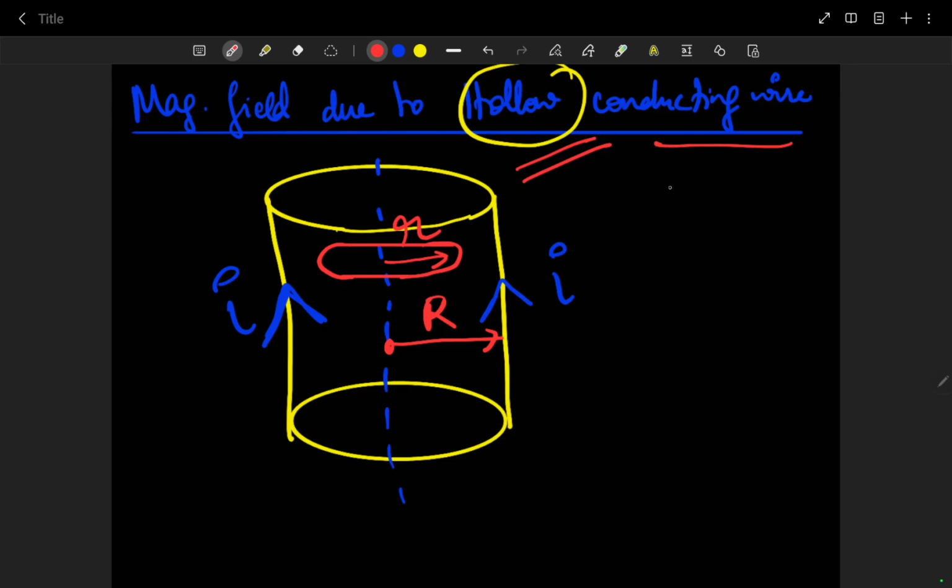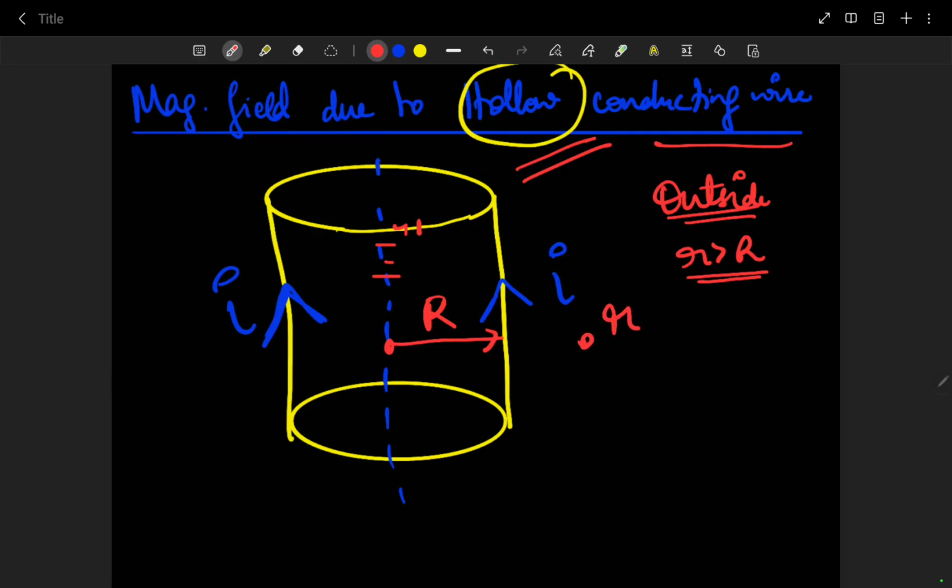Now we can consider the next case, which is outside, right? When I'm considering the outside case, I will just change a few things over here. The outside case will be what? It will be r greater than R, right? Which means instead of this, I will have to use r over here.